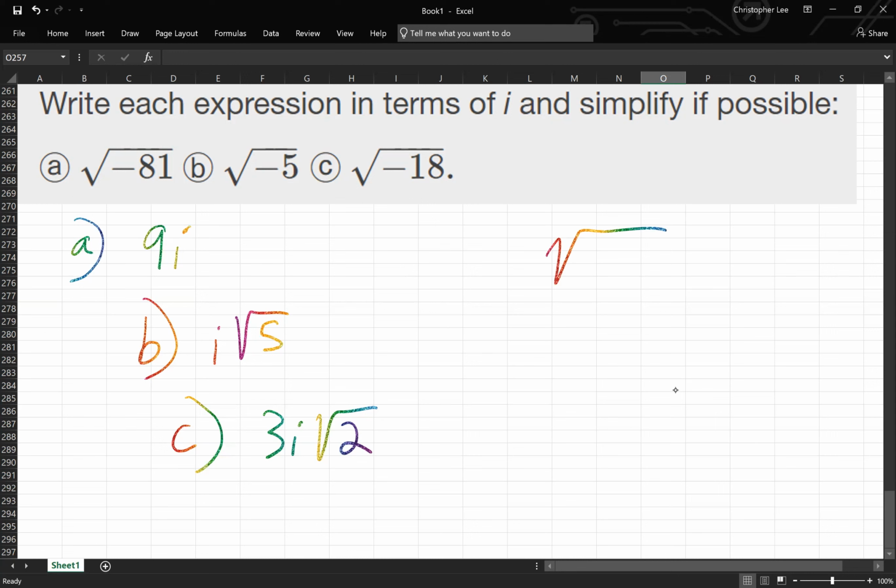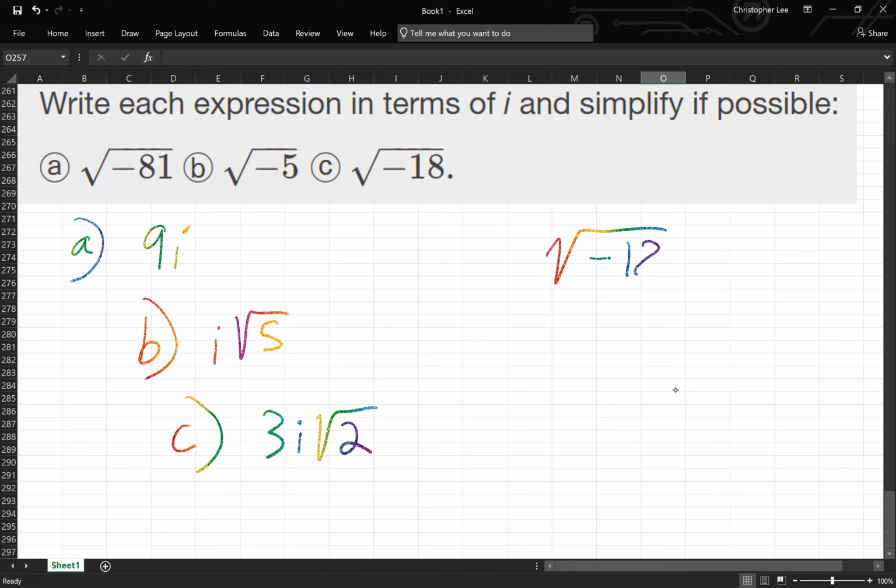You could write it another way, but I don't like that, because you have to be really, really good the way you draw it to make sure that it doesn't look like it's underneath the radical. If you do something like this, that's super wrong. So just to be sure, I'd rather write it like this.